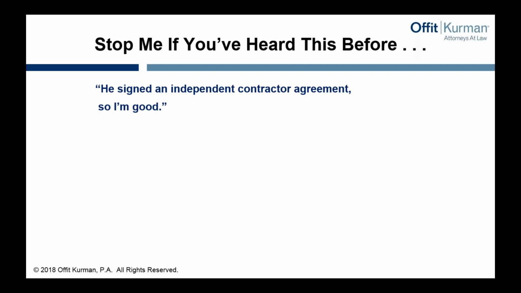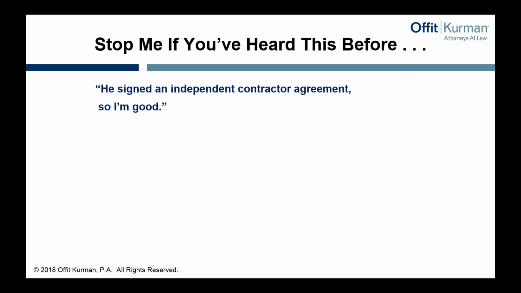So now that we've covered the exemptions, another area where the misclassification issue rears its head is with respect to the distinction between whether someone is an independent contractor or an employee. So along those lines, I've heard all these things before.